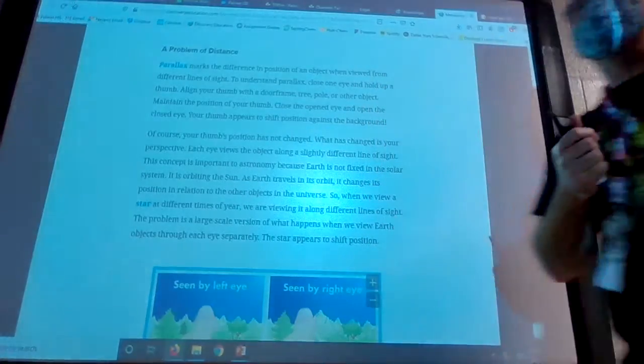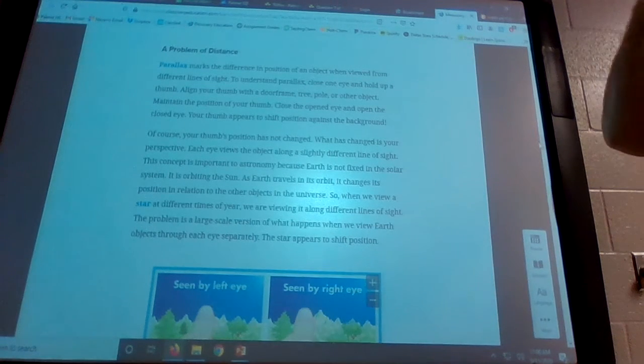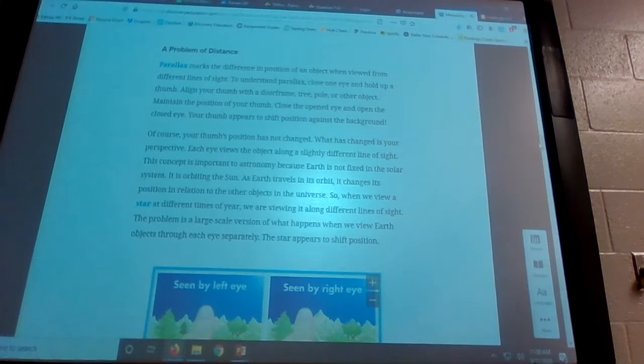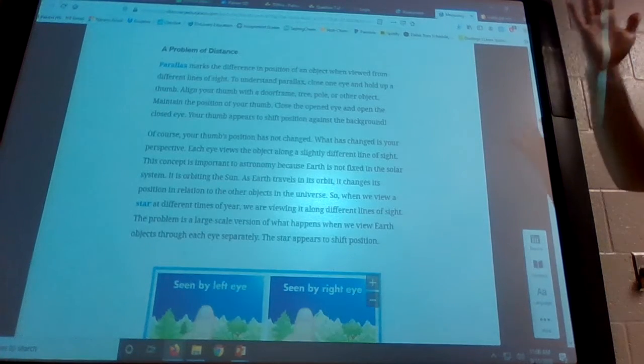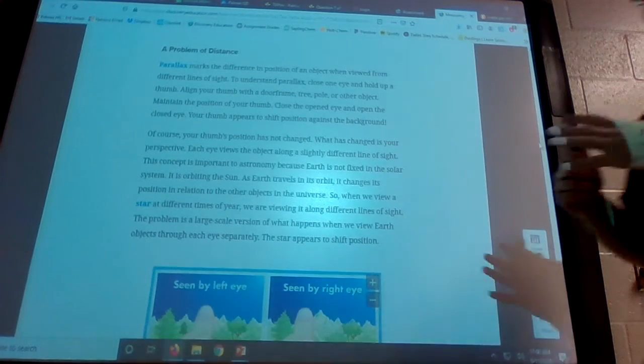Like when you go outside, the moon looks really close. You can see features on it. It's not that small in the sky. But when you actually see the distance that the moon is from the Earth, you would be surprised. It's a really long, far way away. It took the astronauts 4 days to get to the moon. So it is a long travel, even if you're going really, really fast.